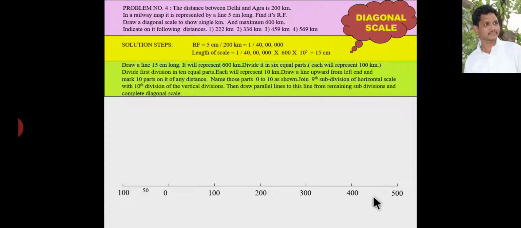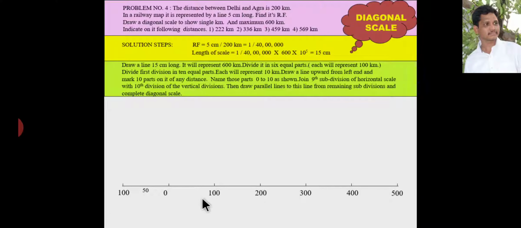That means each main division represents 100 kilometers: 100, 200, 300, 400, 500, 600. This line represents 600 kilometers.